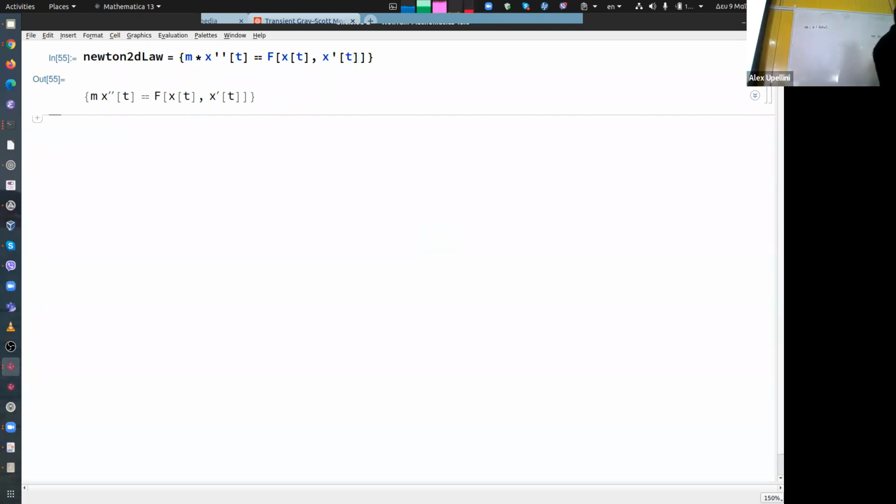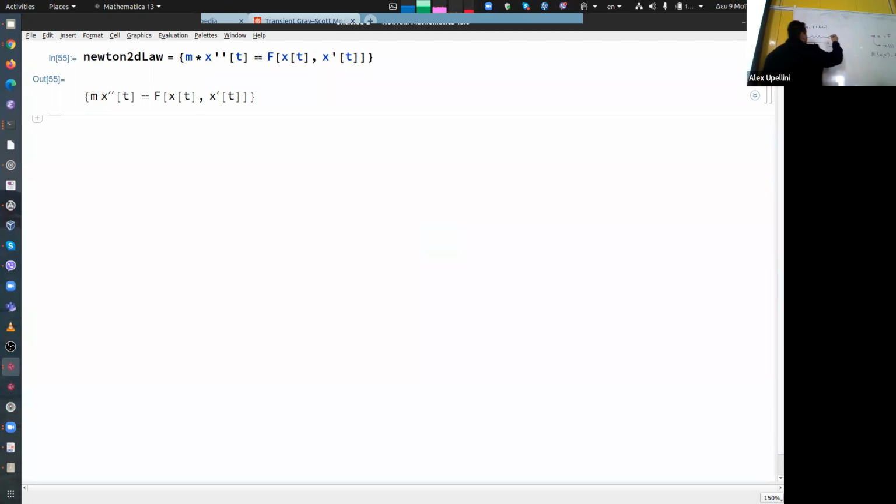Now I have to choose a particular force term. Consider a mass attached to a spring, and I'm going to measure x of t to be the length of the mass from its position at rest, the equilibrium.